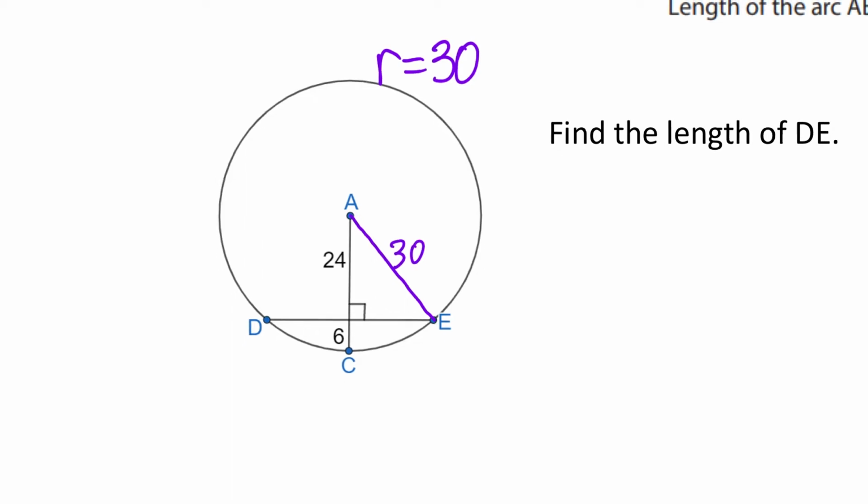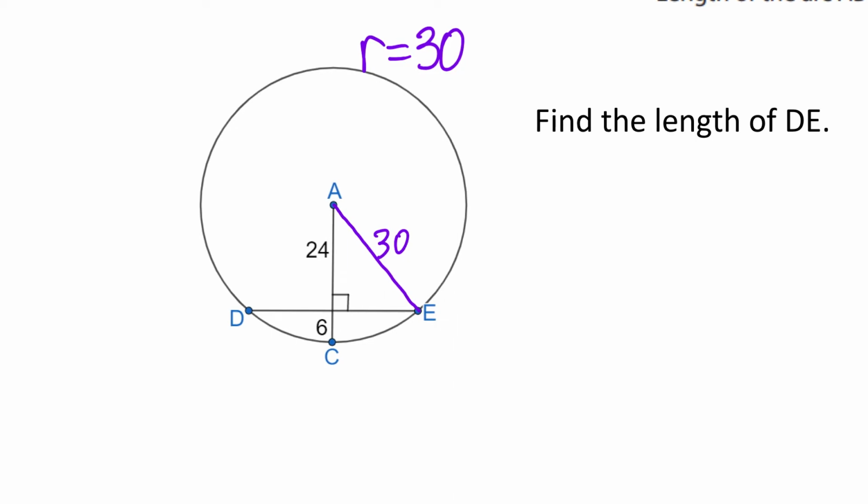And so what I'm going to do now is I'm going to use Pythagorean theorem to find this side right down here. Okay, because if you'll notice, this is a right triangle right here. So here's how I'm going to do that. It's going to be 30 squared minus 24 squared square rooted. Just doing the shortcut on the Pythagorean theorem there.